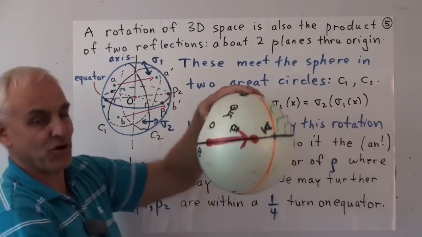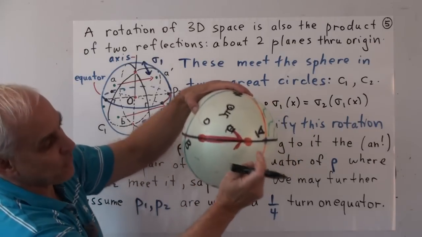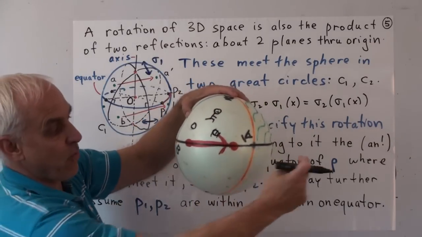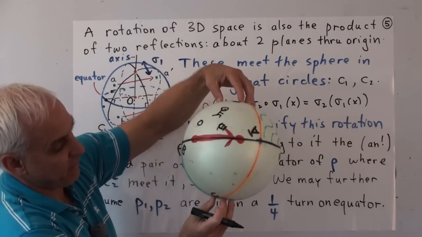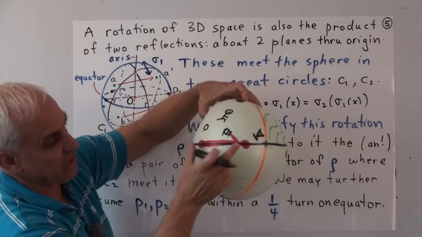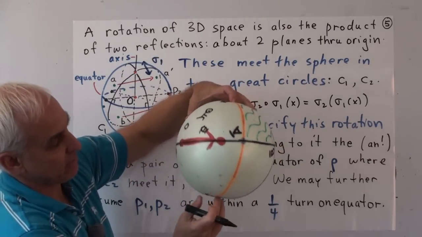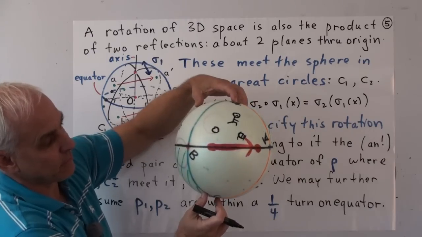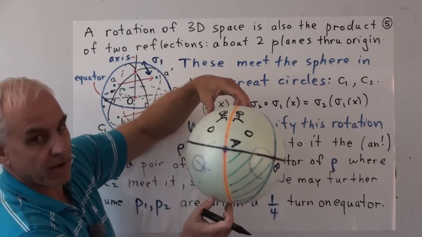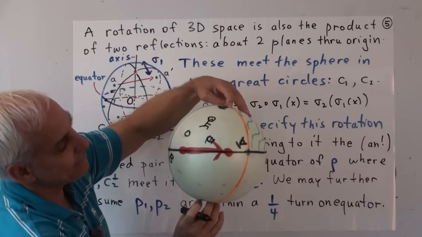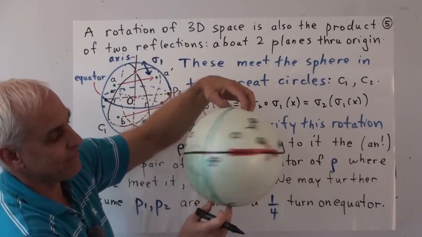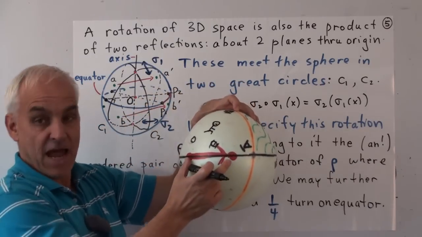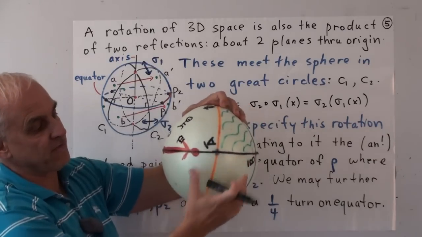Okay, so that vector joining that point to that point on this equator represents the following rotation. It represents the rotation by essentially twice this amount. So, something like that. And it doesn't have to be this vector. We could move this vector over.